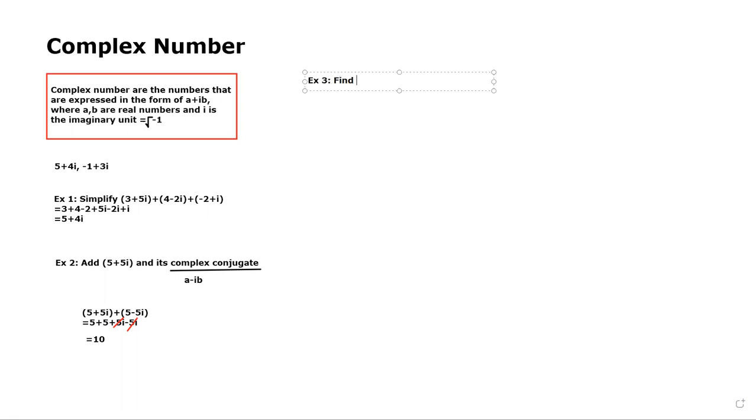Find the equivalent of the following complex number: 3 minus 5i divided by 8 plus 2i.